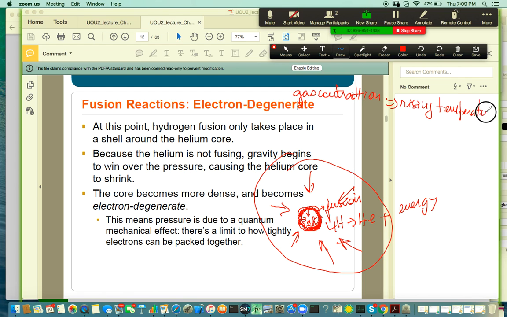So the temperature in the core rises because the core is being forced into a smaller volume.